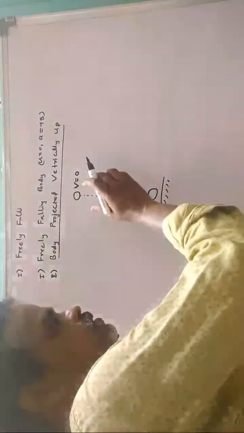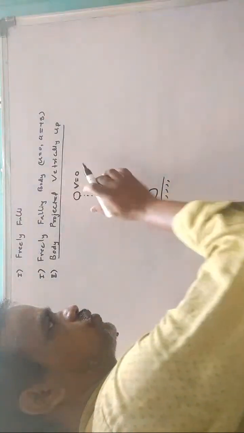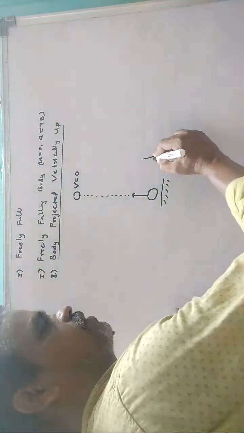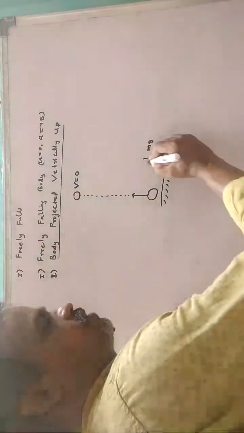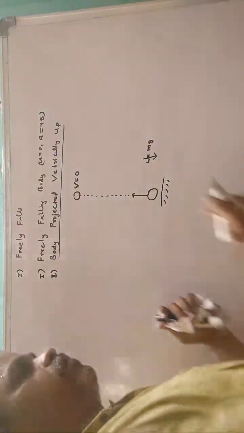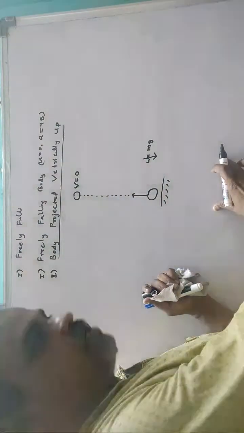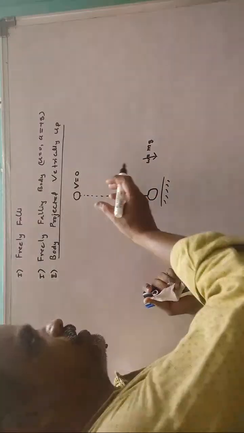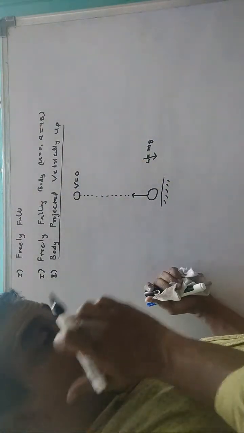Generally the gravitational force, mg, the weight of the body, acts downward, but we are projecting this body vertically up.